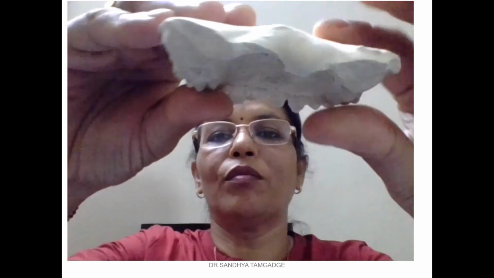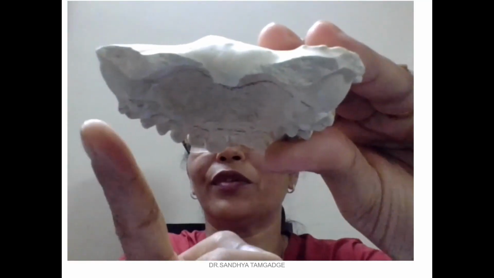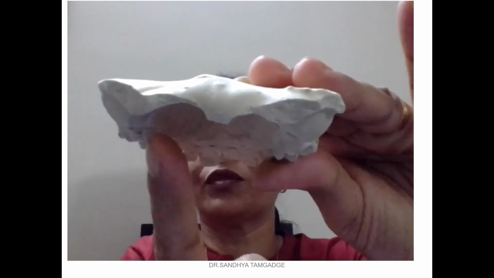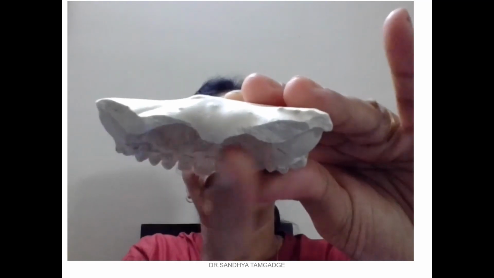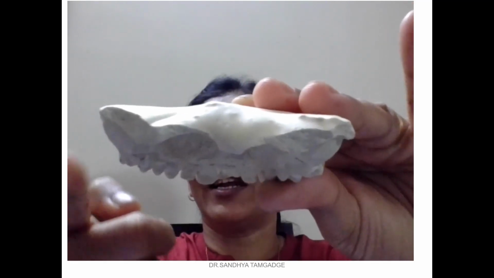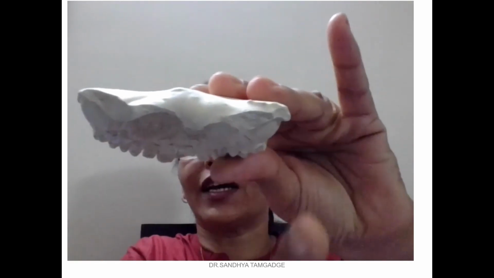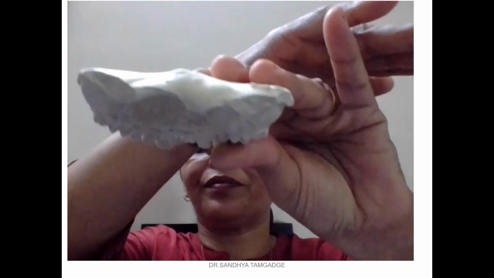So this is how it will appear. Upper molar. So you have to join this molar with this molar. The palatal cusps of both the molars are at a lower level, touching the occlusal plane, and the buccal cusp of this tooth and buccal cusp of this tooth are placed at a higher level.